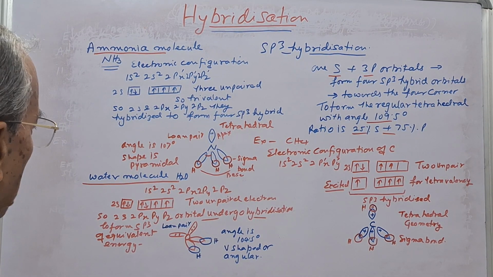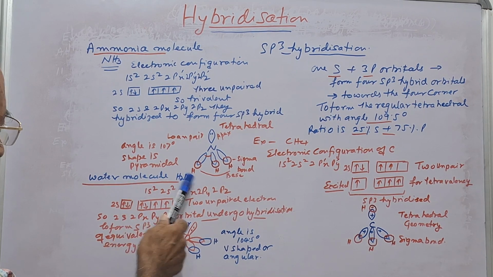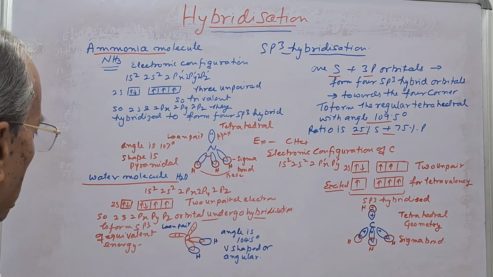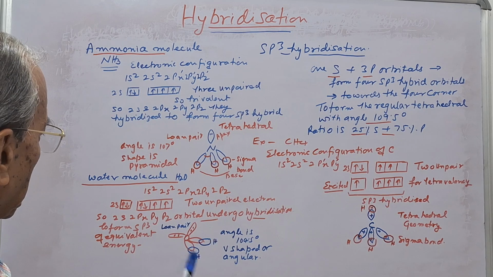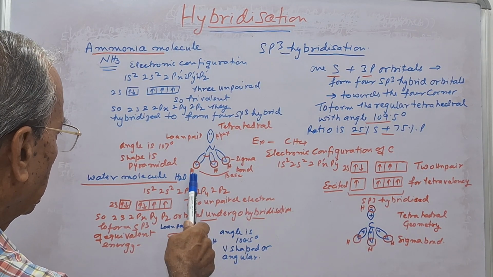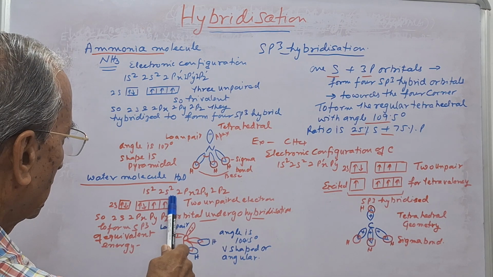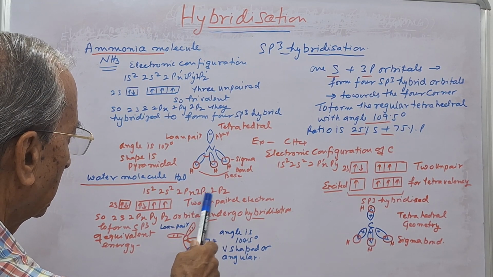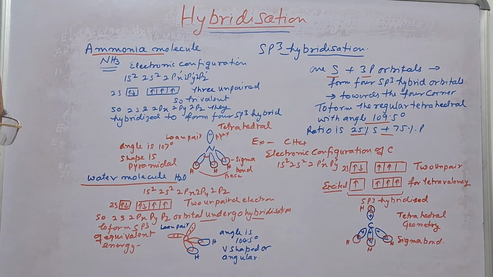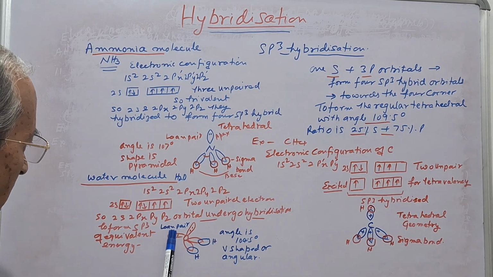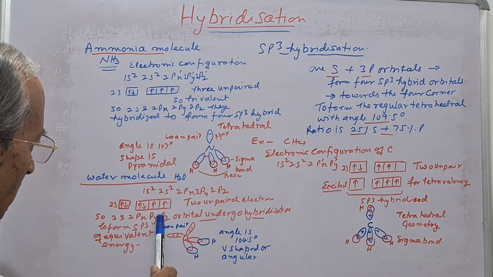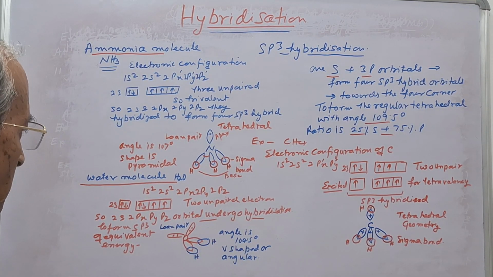Now we take one more example, the water molecule. Here the configuration of the oxygen atom is 1s2, 2s2, 2px2, 2py and 2pz. Now here in the p orbital we see two unpaired electrons.